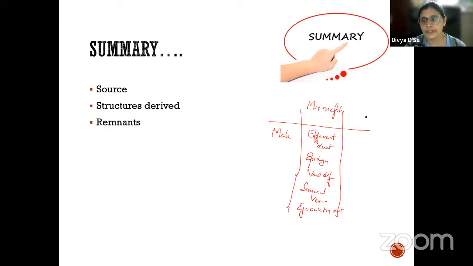Whereas what are the remnants of it? In males, what do we see? Mesonephric duct remnants: we see the appendix of the epididymis.